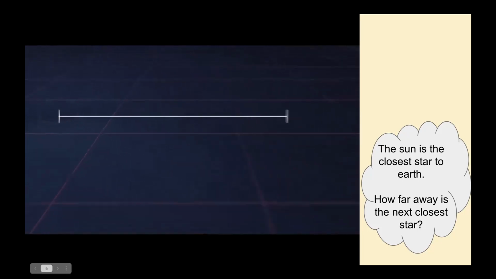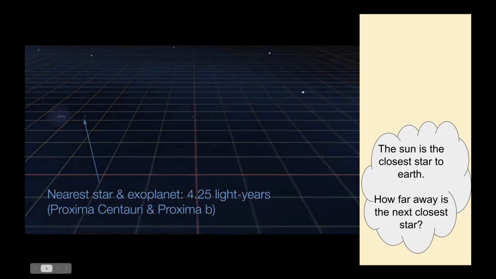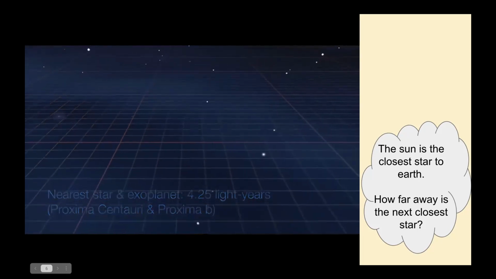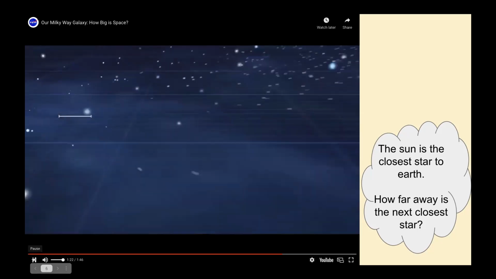So we're now at 1 light year away, and we still haven't come across any neighboring stars. It's not until we're at least 4.2 light years away that we reach our closest star. And I'm going to stop the video there.